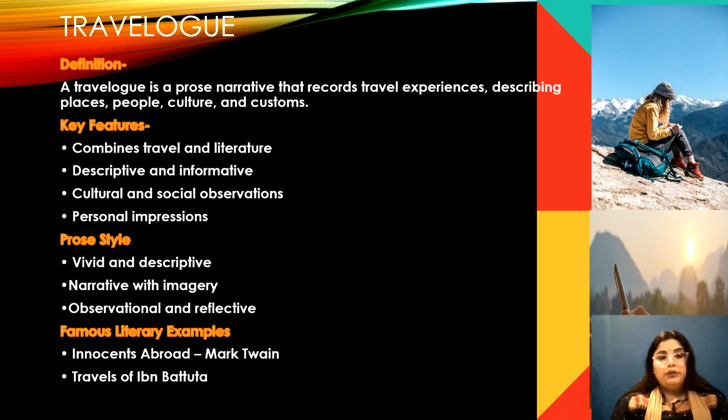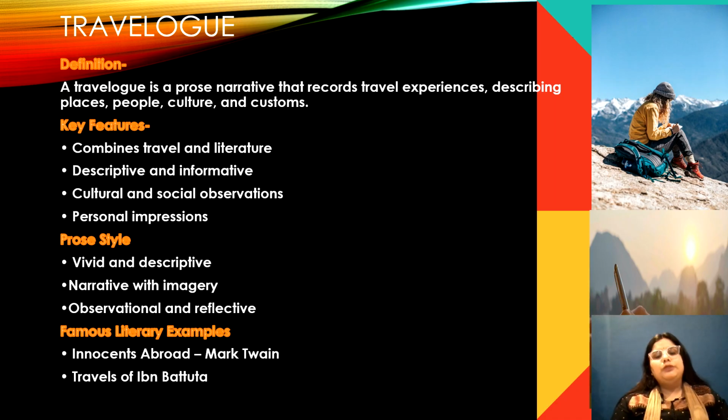If we talk about the key features, it combines travel and literature both, because the person travels and then writes that experience in the form of writing. So we can say it combines travel and literature. Then it is descriptive and informative in nature.